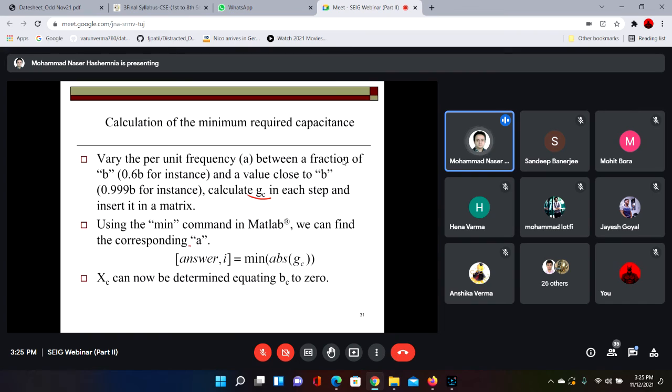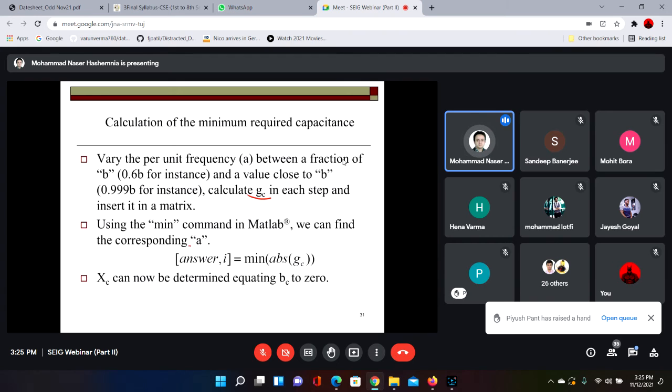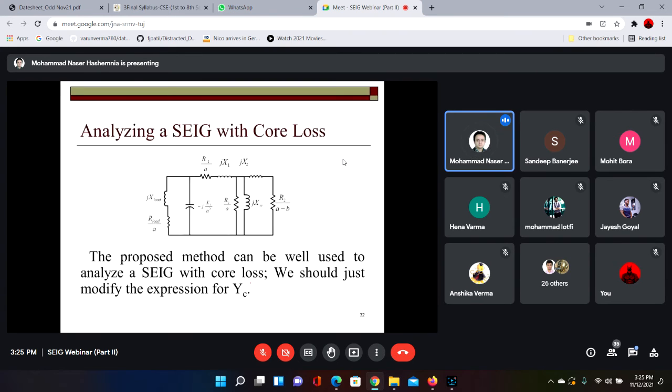BC is this. This is the susceptance. Of course, as I mentioned, yes, here you can analyze a SEIG with core loss. Here, Dr. Banerjee, do you see this? Here, RC is divided by A. Yes, the proposed method can be generalized to analyze SEIGs with core loss.